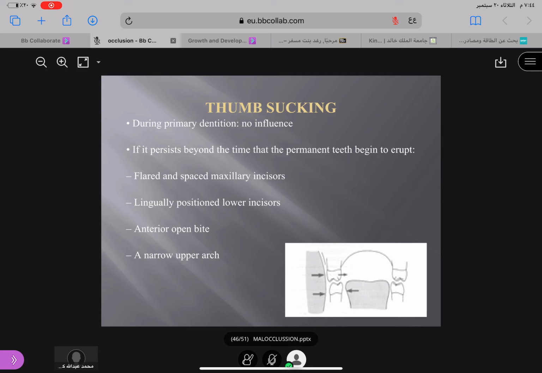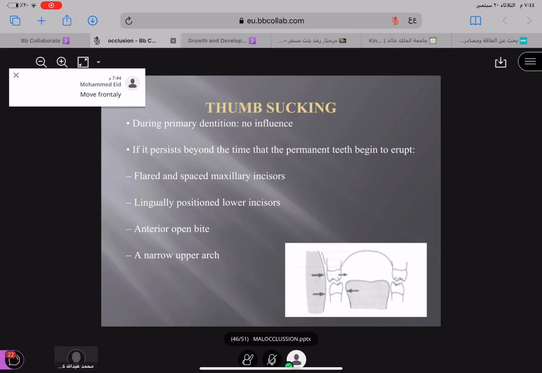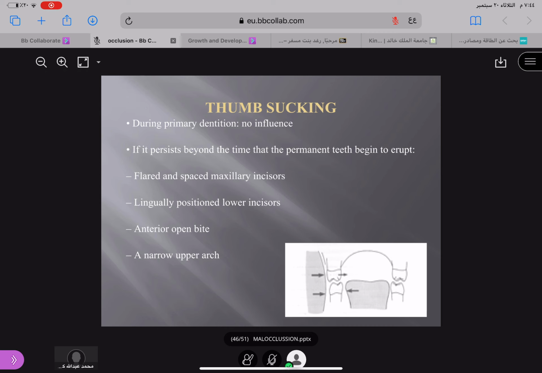Not exactly the tongue. What else? If you see a kid who has a thumb sucking habit, what he usually does is the thumb is forcing the maxillary anteriors forward, whereas the rest of the fingers, the little finger, usually rest on the labial surface of the lower incisors, resulting in lingual position of the lower incisors, whereas they push maxillary incisors in the labial direction, which leads to spacing and flared incisors.